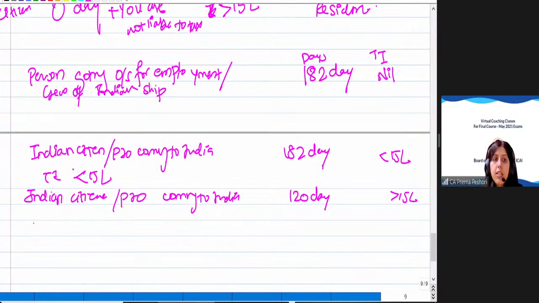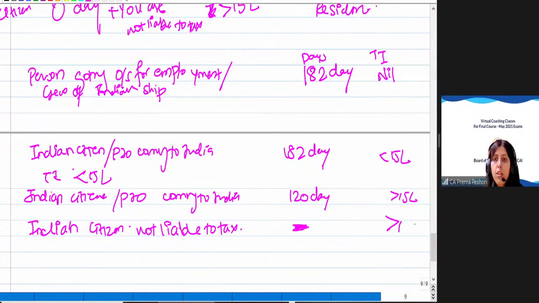For an Indian citizen not liable to tax anywhere, there is no condition for number of days of stay, but the greater than 15 lakh condition applies. Are you clear with this?